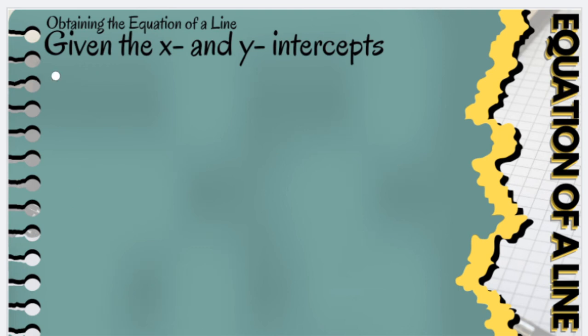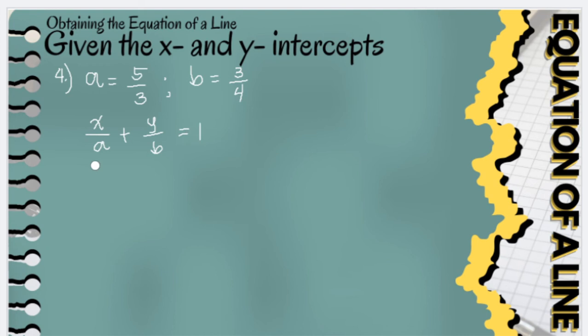Okay. If we have a is equal to 5 over 3 and b is equal to 3 over 4. So, this time, parehas ng fraction, di ba? So, our intercept form again is x over a plus y over b is equal to 1.